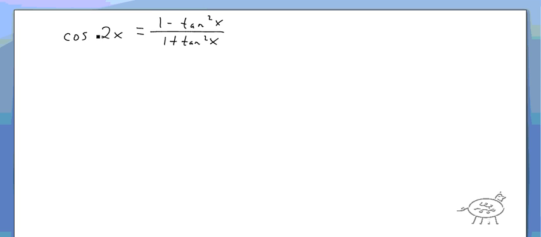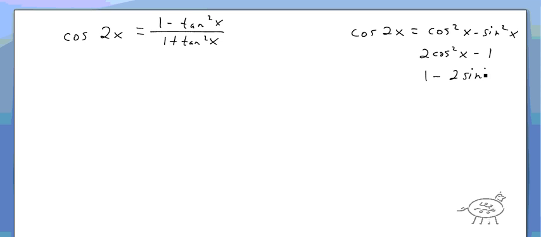So what we need to do is get this cosine of 2x. So let's write on the side here, cosine of 2x, somehow either cosine squared of x minus sine squared of x, or 2 cosine squared of x minus 1, or 1 minus 2 sine squared of x. If we can get that right-hand side to look like any one of these three things, then we're all set.